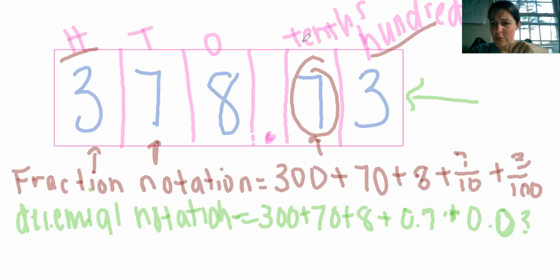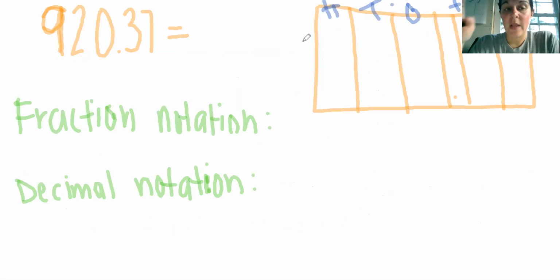Let's do a little bit more practice with that, all right? Let's go to the next page. This time, I kind of already mapped everything out, but we're going to put it into the place value chart together, okay? My number reads as 920 and 37 hundredths.